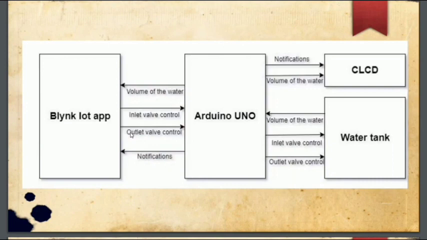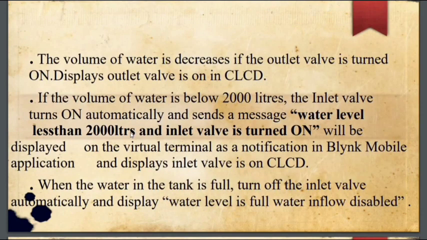This is the block diagram of the segment, in which we can see the inputs and outputs of the different devices. The volume of the water decreases if the outlet valve is turned on, and the outlet valve on is displayed on the CLCD.